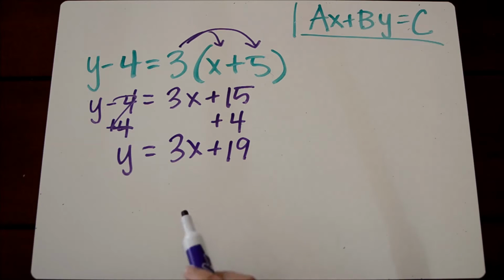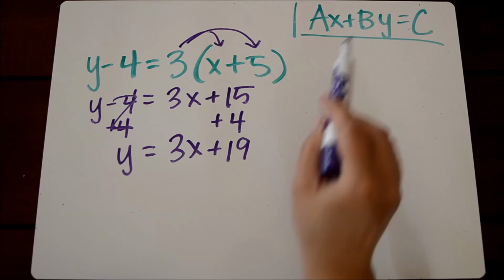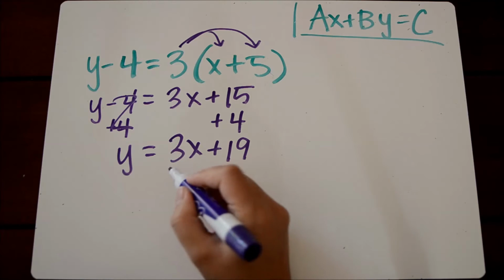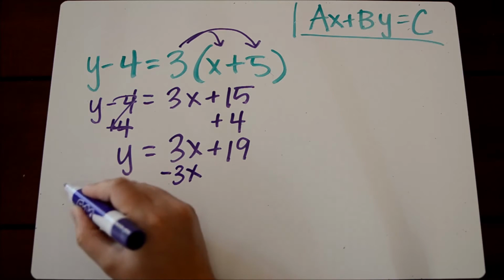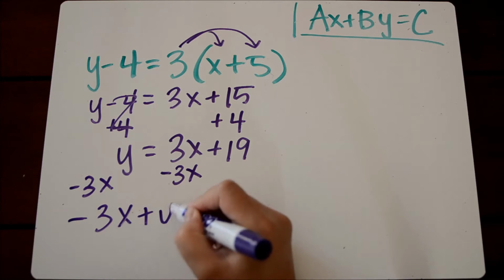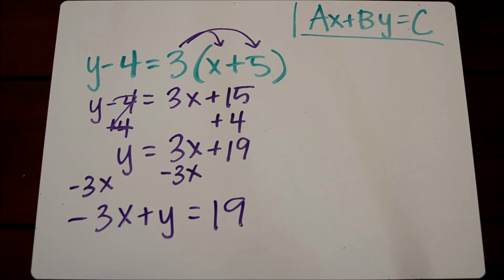Now our equation's written in slope-intercept form, but we need our x value to be on the left-hand side of our equation. So we're going to use inverse operations. I'm going to subtract 3x. Whatever I do to one side, I have to do to the other side of the equation. And here we have a negative a value. Remember, our a value must be positive.